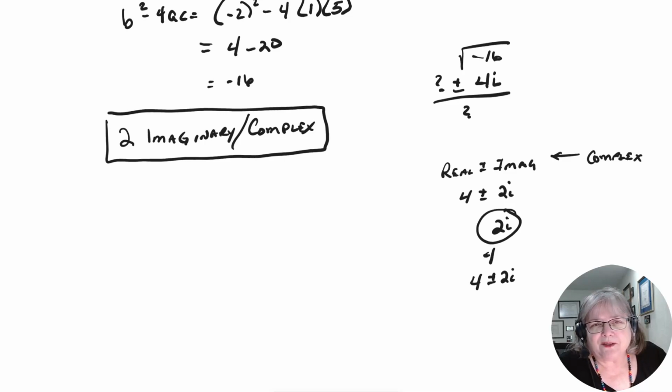Because imaginary, when people are talking, they understand that it could have a real number with it, but complex kind of covers it. It's kind of like proper English versus just common everyday English. So be careful and use the terminology that your teacher wants you to use. So I hope that helped.